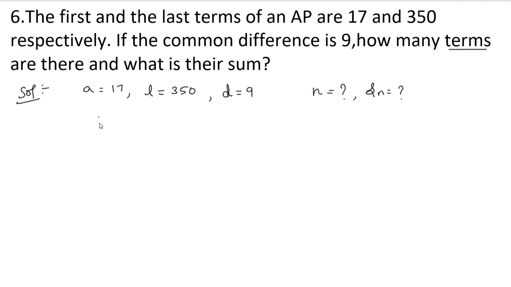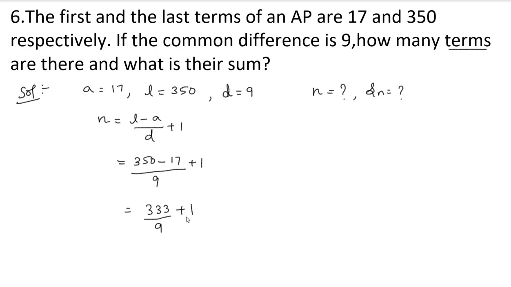Using this, let us find n. n is equal to (L minus A) by D plus 1. So what is L? 350 minus 17 by 9 plus 1. What is 350 minus 17? 333. 333 by 9, plus 1.